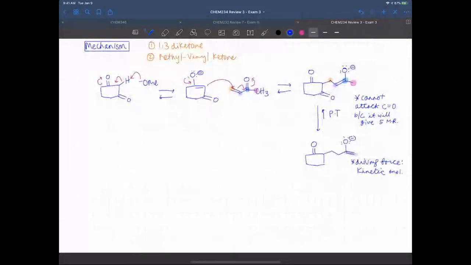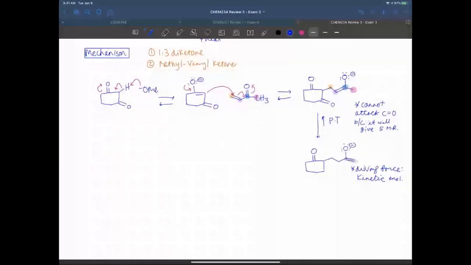And then this enolate, if I form back my double bond, is going to give me my 6-member ring, the one that I wanted originally, right? So now it's going to go here and attack here. Okay, and what I get is now 6-member rings here.